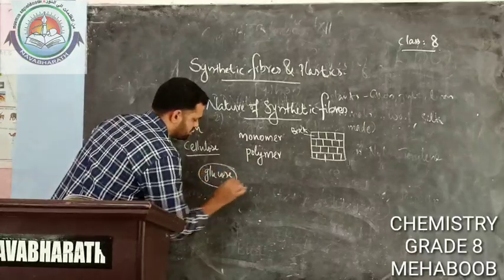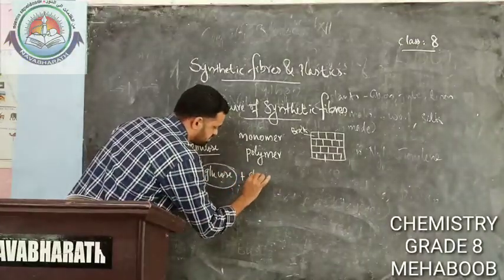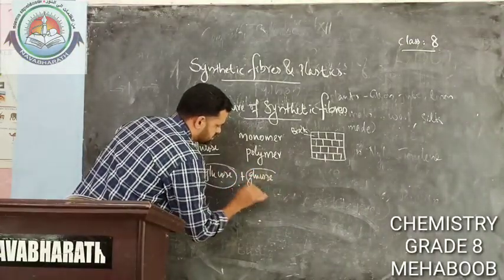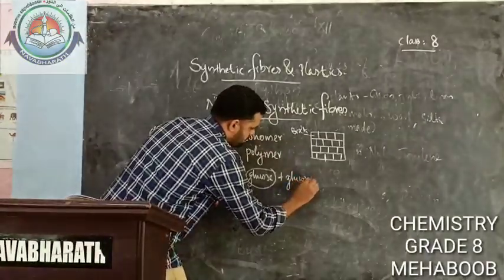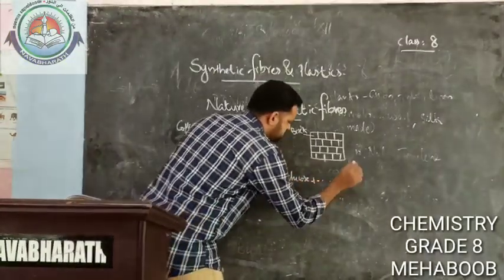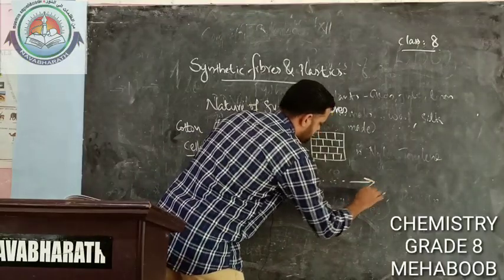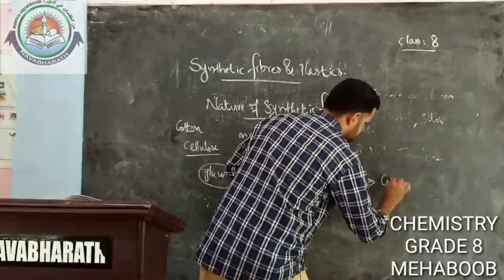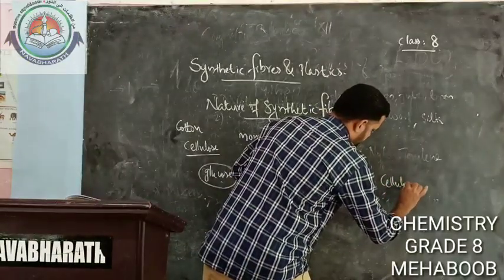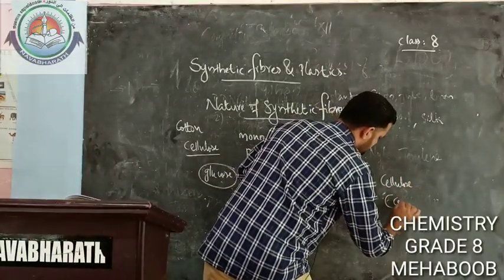This is one glucose unit. It combines with another glucose unit. Glucose plus glucose, and so on. Many glucose units combine to form cellulose. So cellulose, this is the cotton.